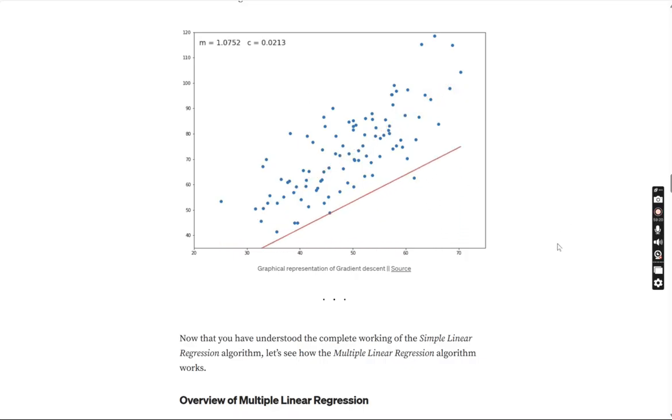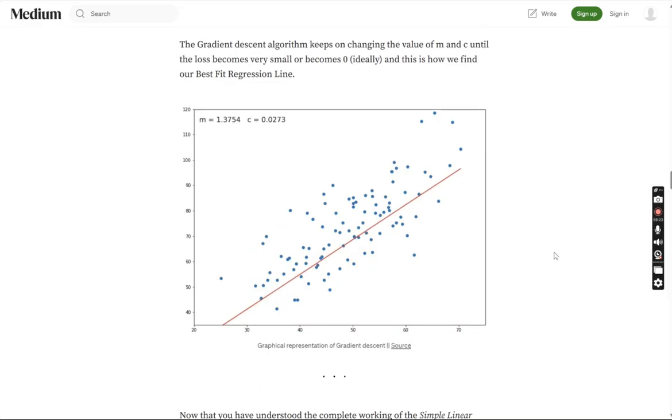Initially it takes the learning rate as a random value, and the learning rate we will specify. By default, the learning rate is also automatically specified as a default parameter if you don't specify it, but you can change the parameter.